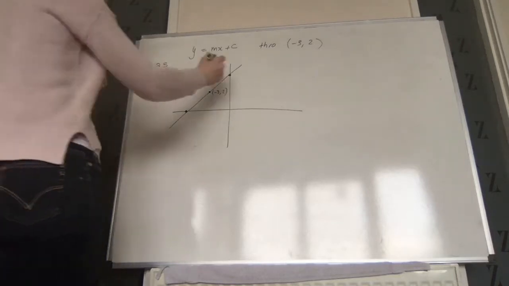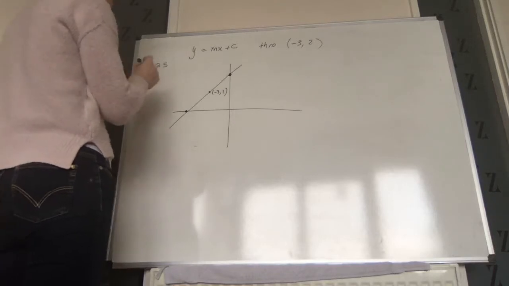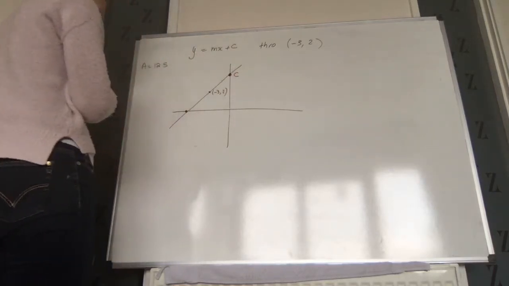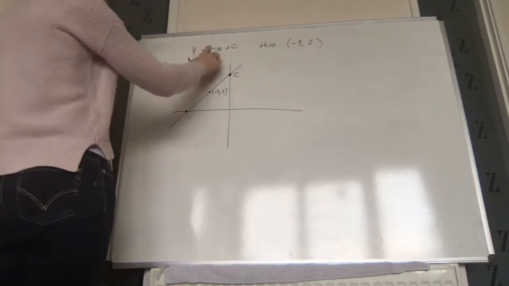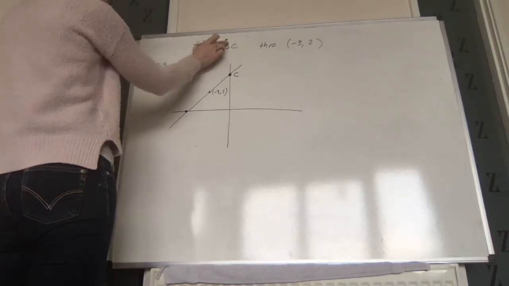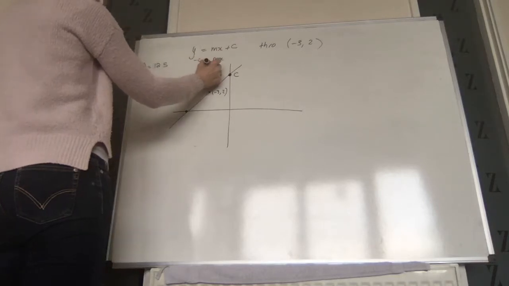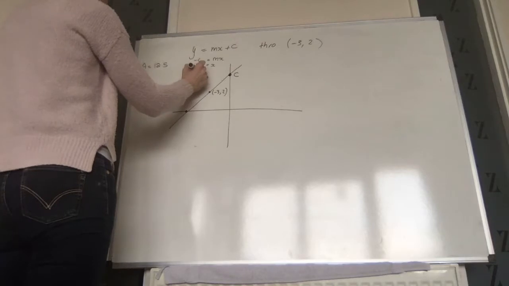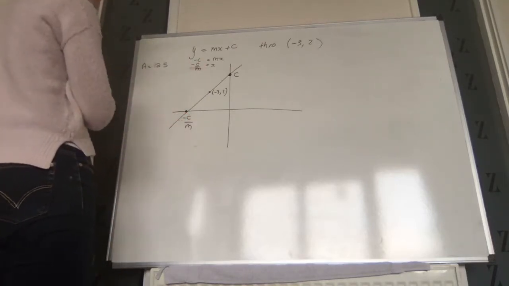Okay, so again, where does this line cut the x-axis or the y-axis? It cuts the y-axis when x is 0, so it cuts the y-axis at the point c. Where does it cut the x-axis? It cuts the x-axis when y is 0, so then we get mx equals minus c, x equals minus c over m.